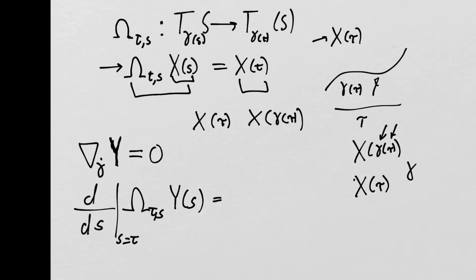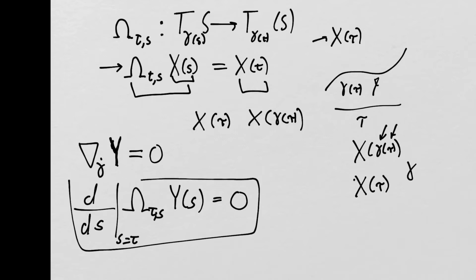And that thing has to equal 0. And so this is the parallel transport equation in the abstract notation that utilizes this method of parallel transport, right?